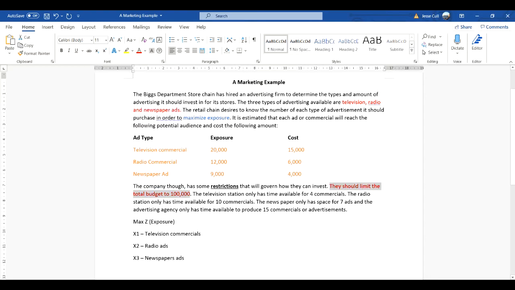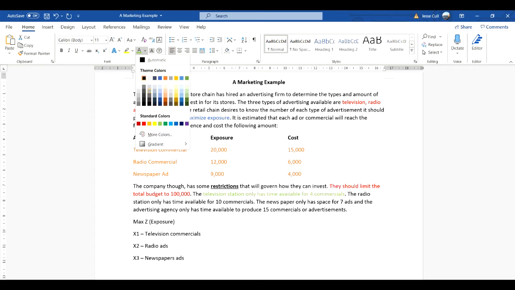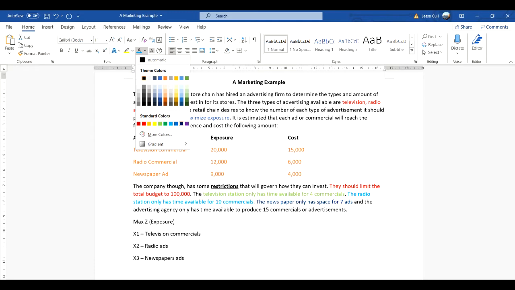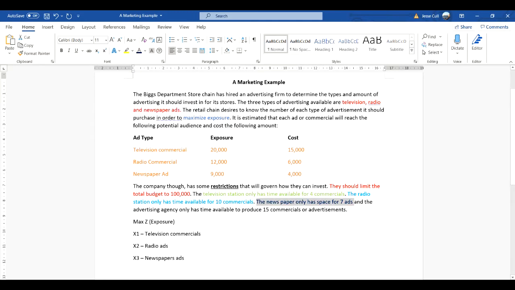The television station only has time available for 4 commercials. Another key point. The radio station only has time available for 10 commercials. Also critically important. The newspaper station has space for 7 ads. And the advertising agency only has time available to produce 15 commercials or advertisements.